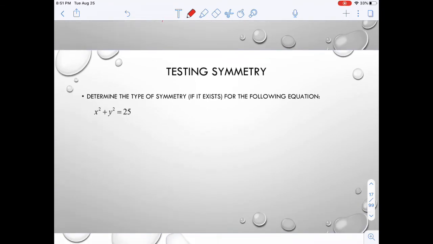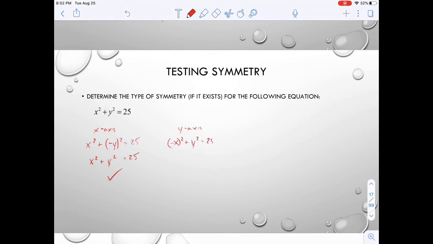Last but not least, I'm going to take a look at a circle here. So if I go to check x-axis symmetry, I'm going to replace y with its opposite. And when I simplify, I get x squared plus y squared equals 25. This checks for x-axis symmetry. When I check for y-axis symmetry, I'm going to replace x with its opposite.